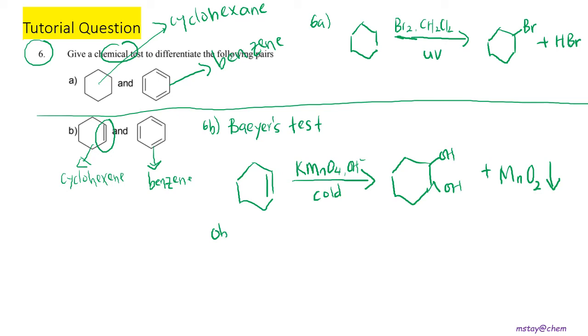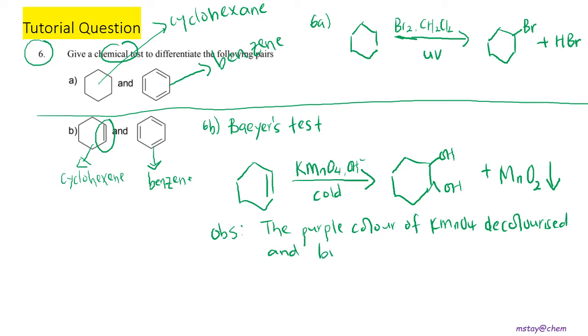Okay, so the observation is the purple color of KMnO4 is decolorized and a brown precipitate, which is the MnO2, is formed.